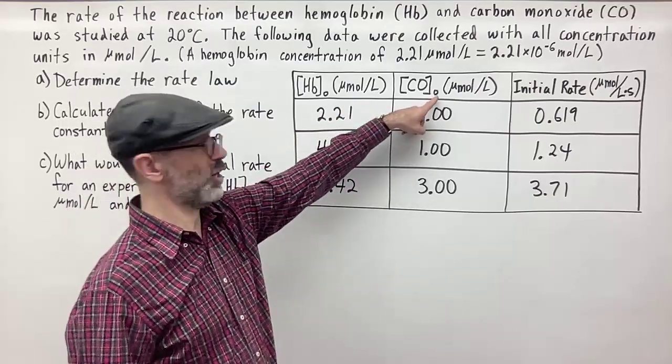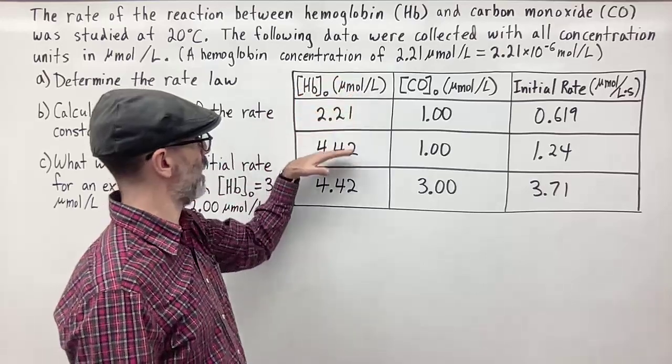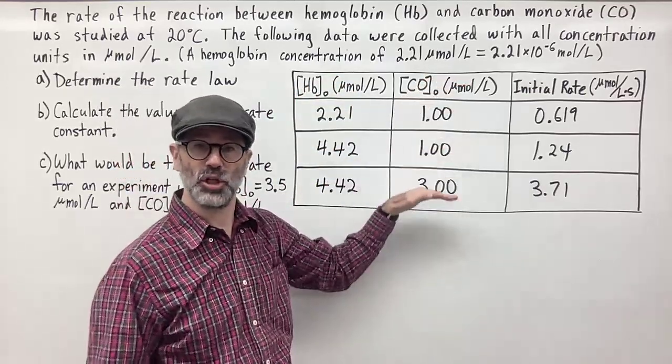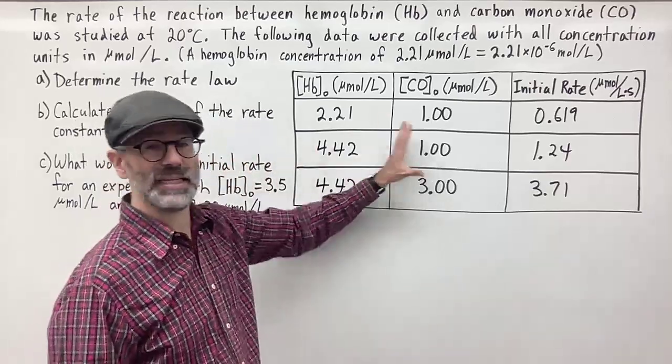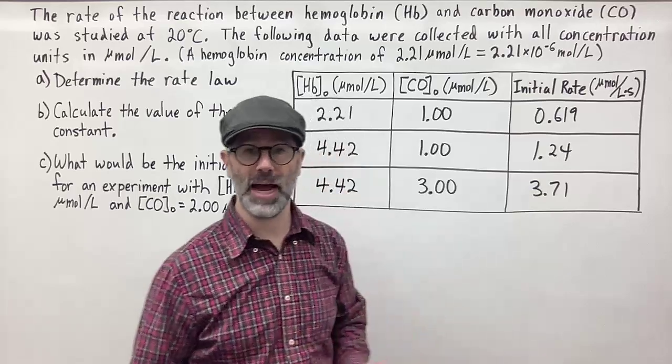The 0 here means initial. So here we're given initial concentrations of hemoglobin, here we're given initial concentrations of CO, carbon monoxide, and based on these initial concentrations, we have the initial rate of the reaction.